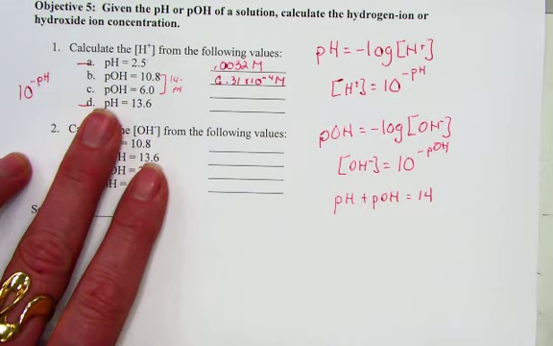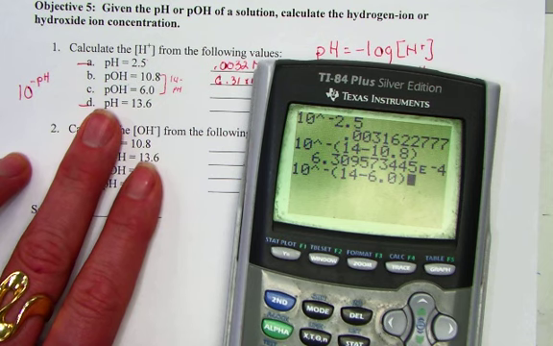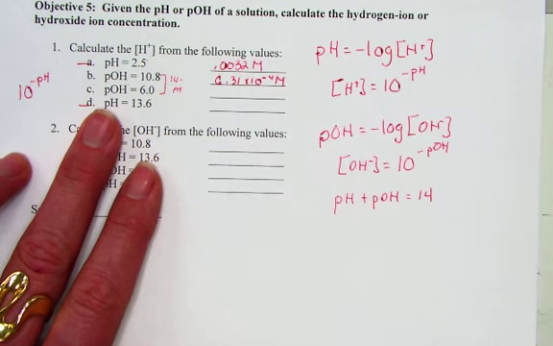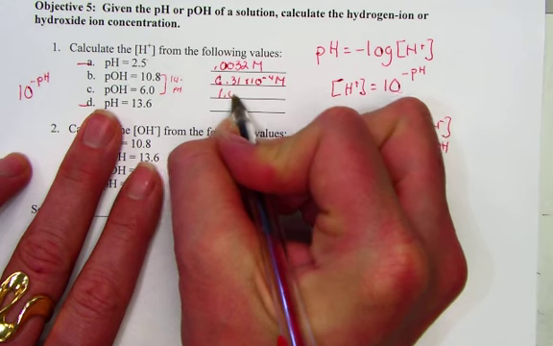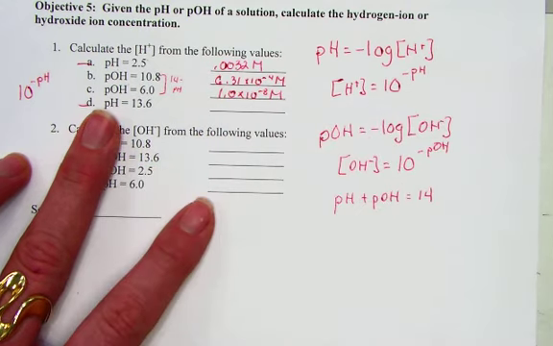We'll do the same for letter C, the same pathway. 10 raised to the negative 14 minus 6.0, flipping the pOH into the pH we need to find hydrogen ion. And that gives us 1.0 times 10 to the negative eighth molar units.